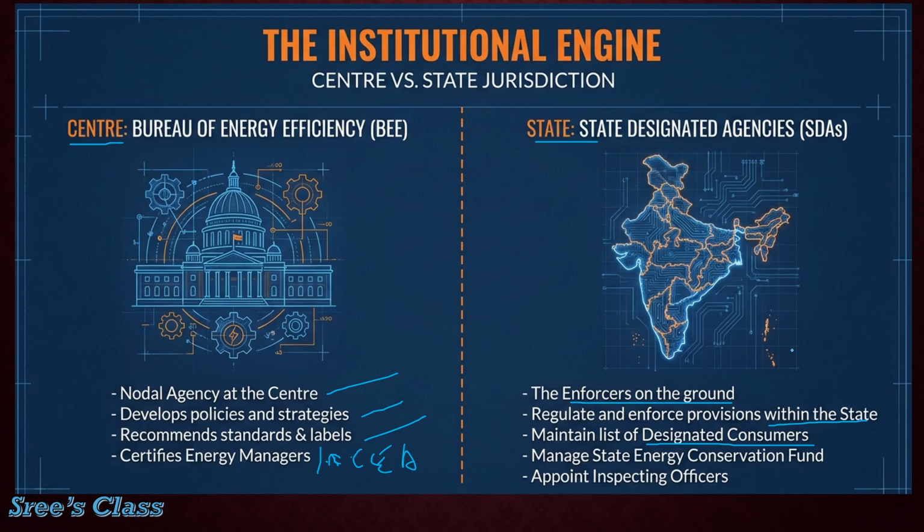Similarly, in Gujarat, the same thing should be there, and in Kerala it is the Energy Management Center, EMC. Similarly in Andhra Pradesh, Tamil Nadu, everywhere. Now, it even manages the state energy conservation fund.